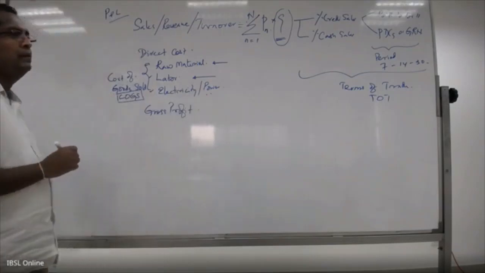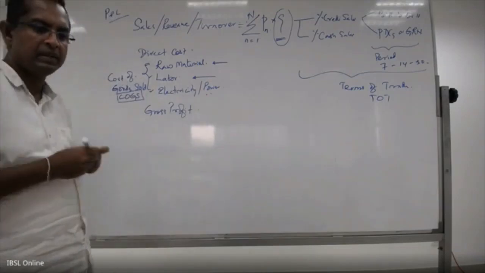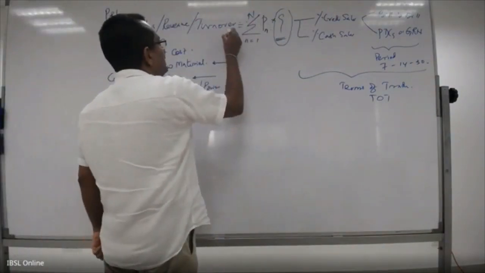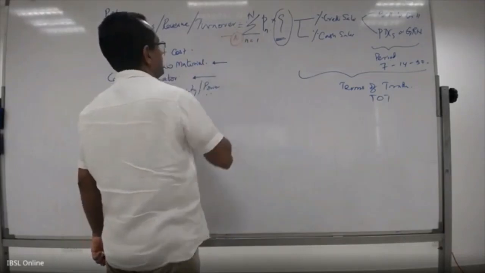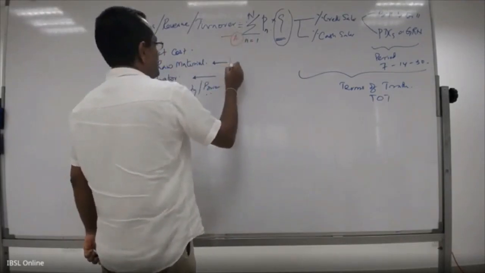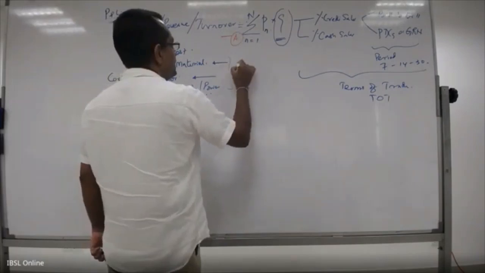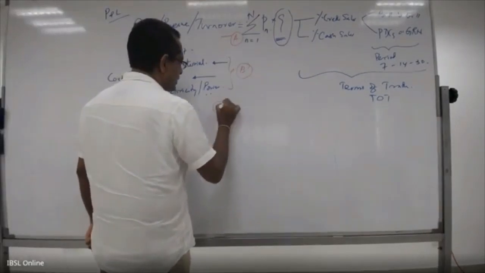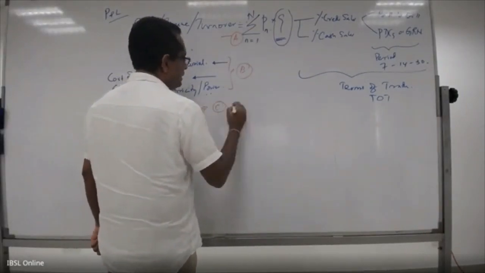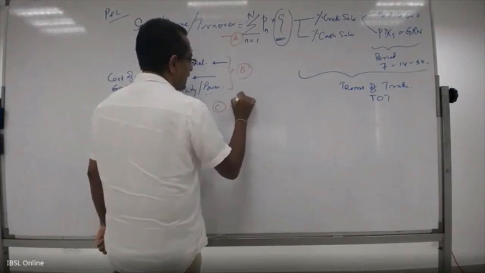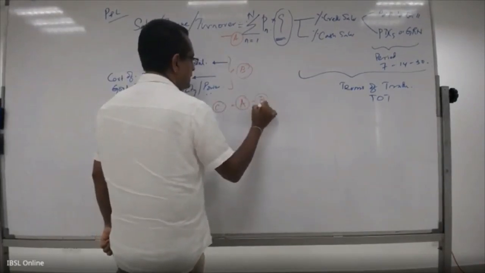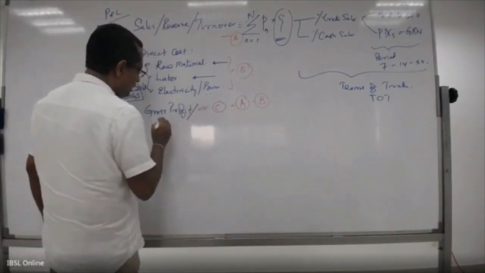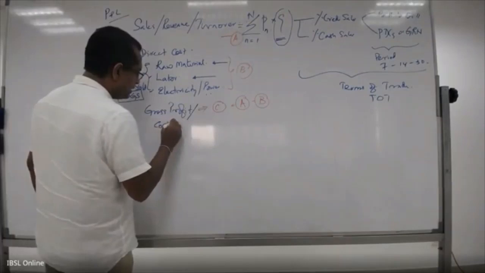So turnover we denote as A. This one direct cost we denote as B. Then gross profit is C, which is equal to A minus B. Gross profit, we use another term called contribution.